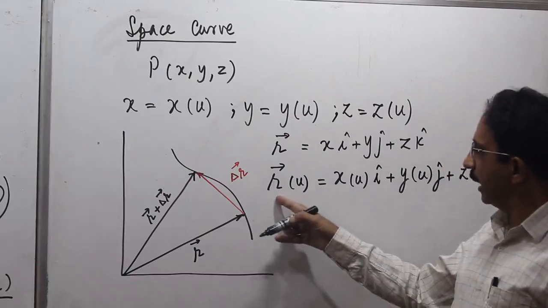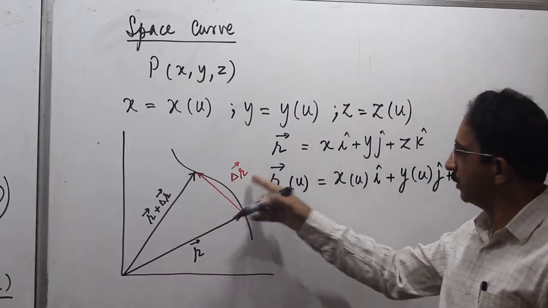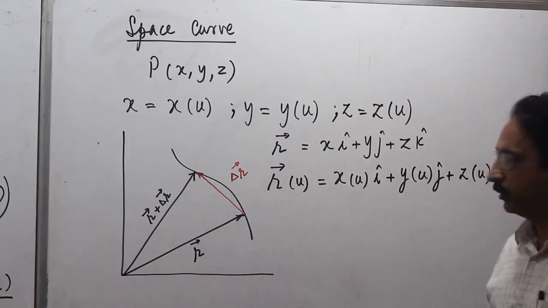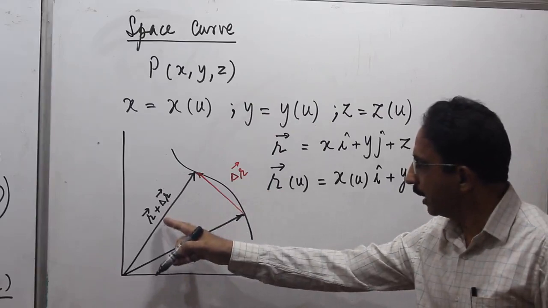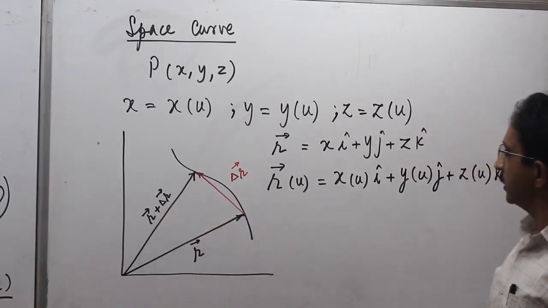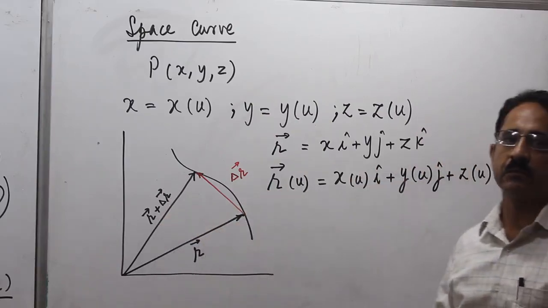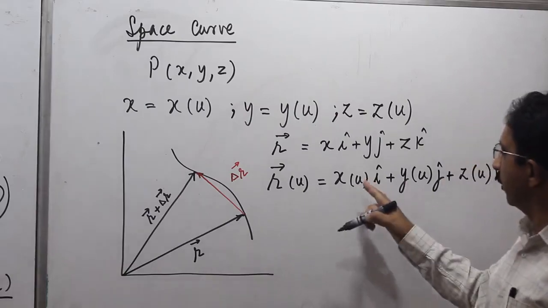Now the moment I have to define the derivative of this, we find the change in value of r over a certain interval of change in the value of u.